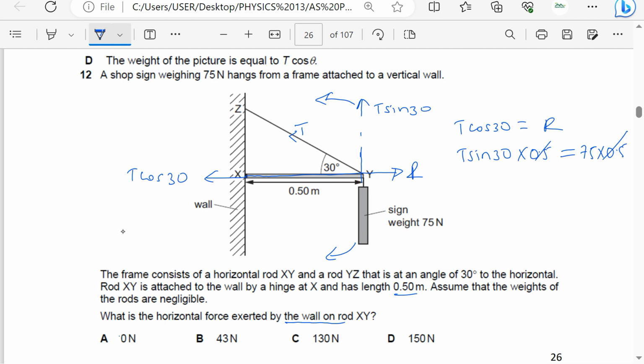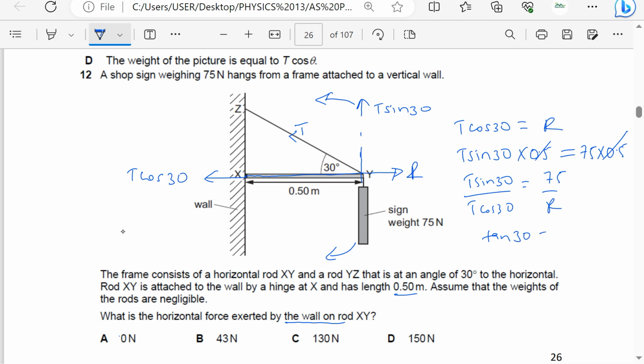Okay. So when we combine these two equations, I'll just divide T sine of 30 by T cos of 30, which is equal to 75 divided by R. So this is tan.